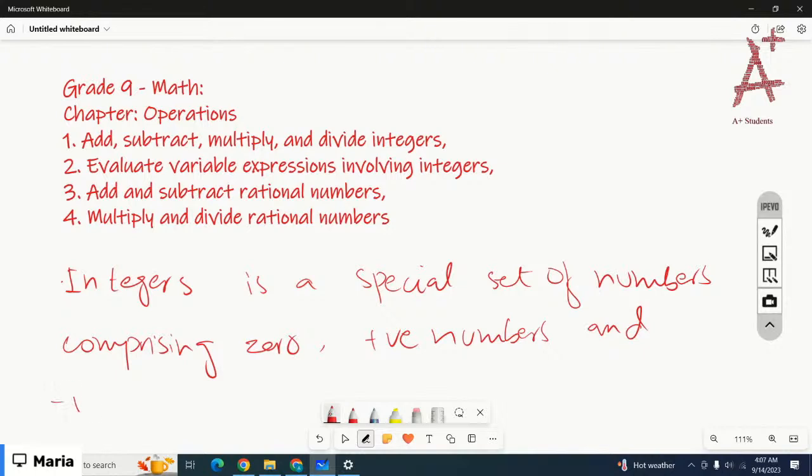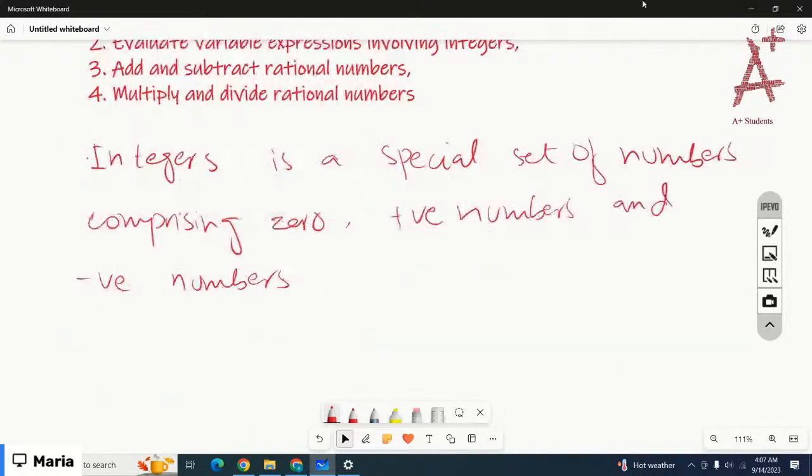So that means integers are the numbers that include 0, positive numbers and negative numbers. So here is the set of integers. You have 0 in the middle, on the right hand side you have all positive numbers, right? And on the left hand side you have all negative numbers, right? This is the set of integers.